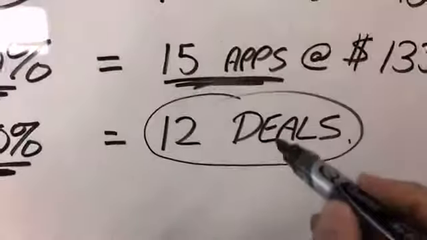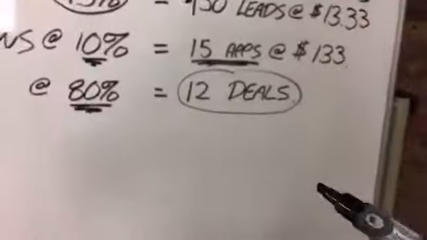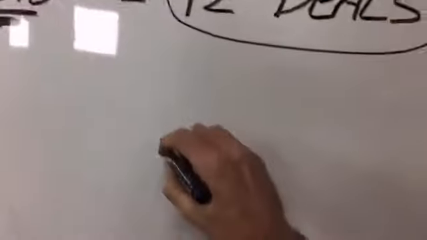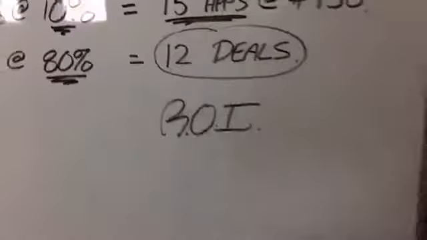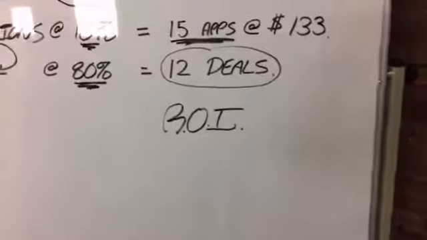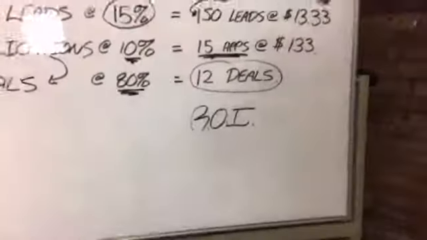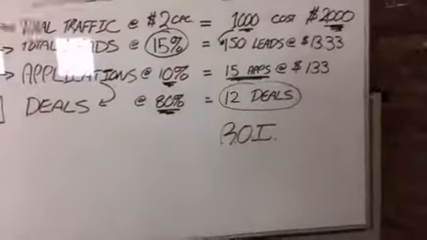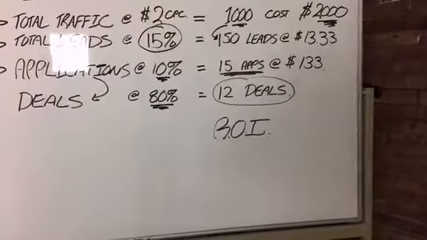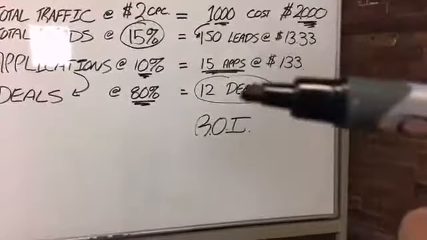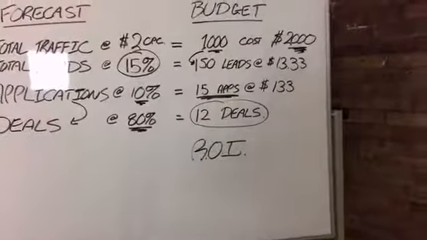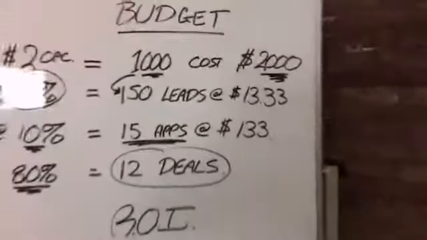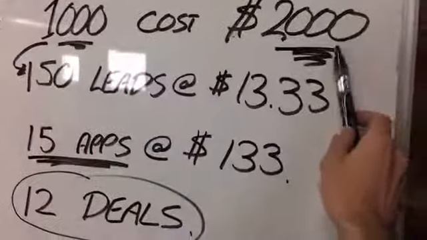Then from here, you can make the most important calculation of the whole thing, which is your return on investment. For that, all you do is take the amount of profit that you generate from each deal in your business, times that by 12, and then subtract the $2,000 that you invested into advertising up here at the top.